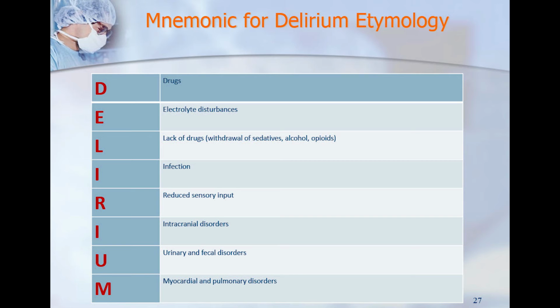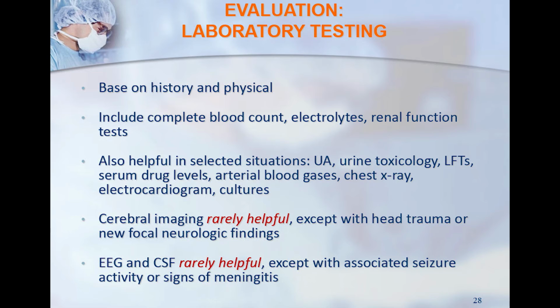Okay, when we evaluate, number one is history and physical, again back to the basics. Their underlying history includes risk factors, and the physical exam includes signs of heart disease and other abnormality, including urinary retention. For urinary retention, you don't need to put a catheter.